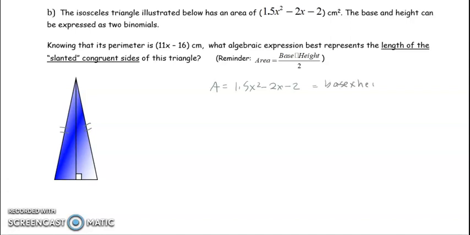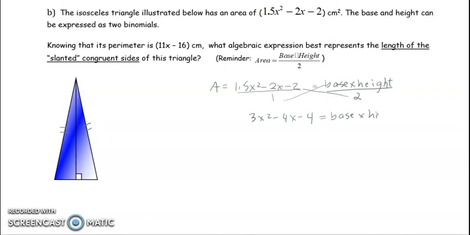And here's where we're going to have a nice little situation because it's the base times the height divided by 2. So if I wanted to write down what this is as just base times height, I would cross multiply and find out that 3x squared minus 4x minus 4, when I multiply that, is equal to base times height.